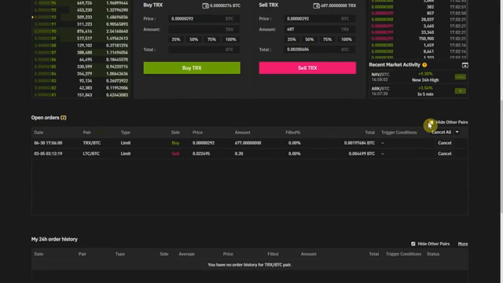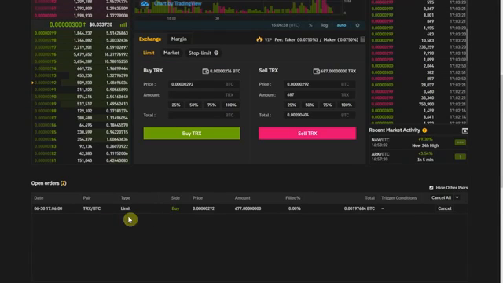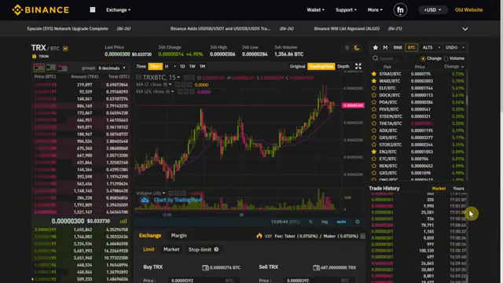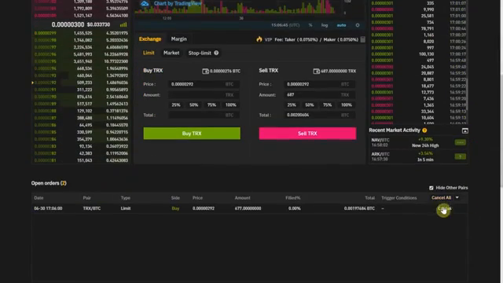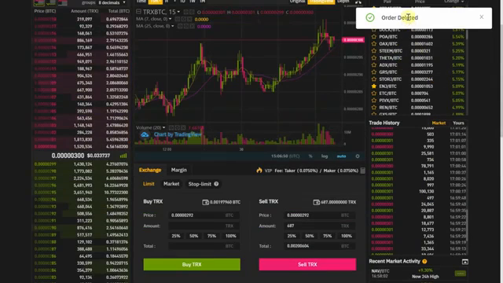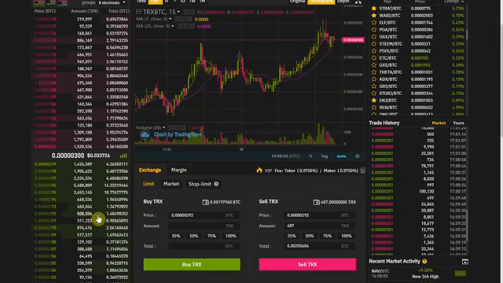Yeah, I have a BTC order from a long time ago. And you can see the order here is opened. Okay, so if you decide to cancel, simple, just come over here, cancel, order deleted, and you no longer have the indicator here. Okay, oh, 500,000 TRX, it's growing.